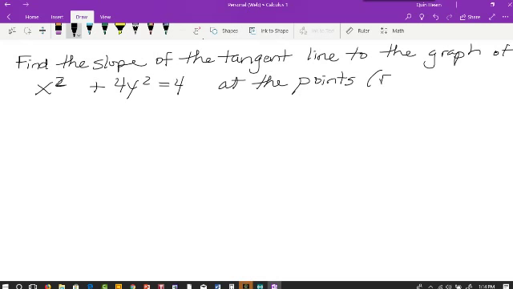We have one point, which is the square root of 2, comma, negative 1 over the square root of 2, and another point at 2, 0. Now, you may or may not recognize that this is actually the equation of an ellipse.